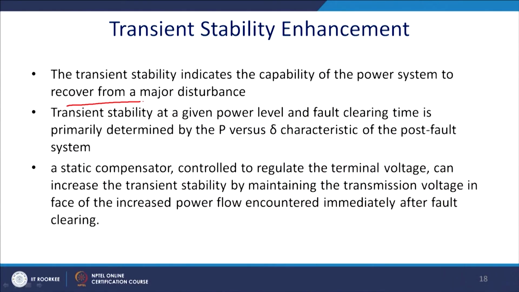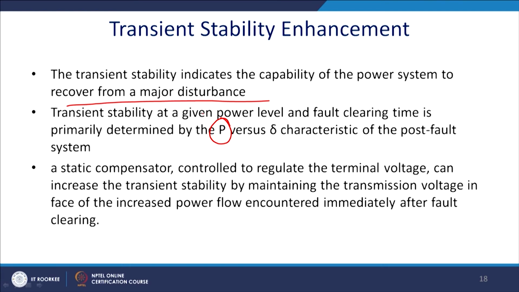Now, transient stability with SVC. Transient stability indicates the capability of the power system to recover from a major disturbance. Transient stability at a given power level or the fault clearing time is primarily determined by the power it is actually handling at that moment and the torque angle delta and the post fault system condition.